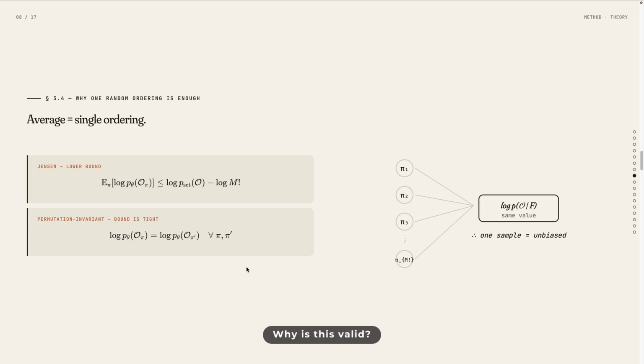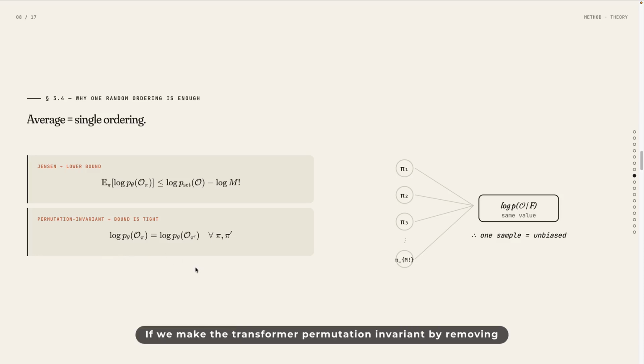Why is it valid? Two steps. First, by Jensen's inequality, the average log likelihood is a lower bound on the true set log likelihood. Second, and this is the key: if we make the transformer permutation invariant by removing positional encoding, every ordering gives exactly the same likelihood value.